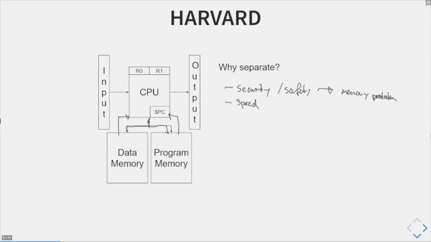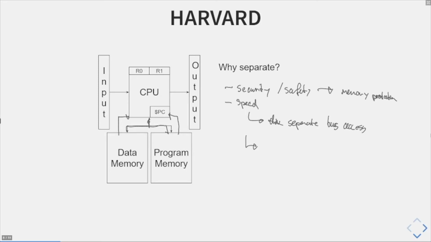The other thing is separate bus access. Not necessarily speed, but if you have those two different program and data memories, you can have different types of memory. Why would you want to have different types of memory for the data and program memory?